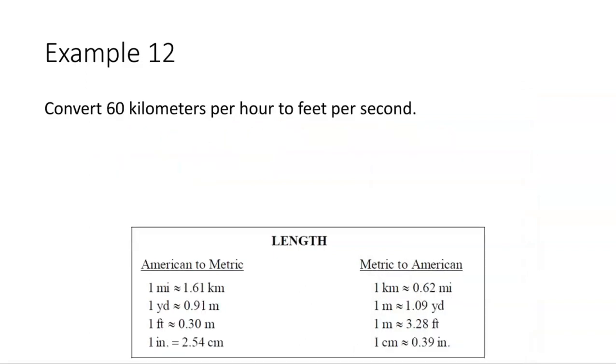And I think this is the last one. If I want to go 60 kilometers per hour to feet per second, here I need to convert the kilometers to feet, and I need to convert the hours to seconds. So let's start this off. 60, remember the word per is your division.